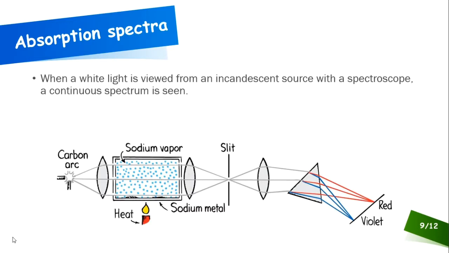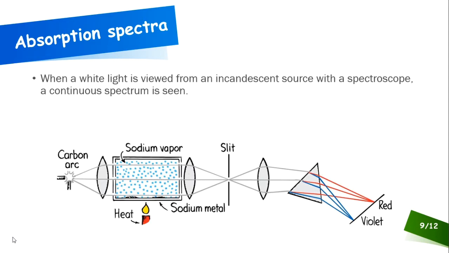Now, on the flip side to emission spectra is what we call absorption spectra. If we take white light from an incandescent source and view it with a spectroscope, we get a continuous spectrum. We set it up through the same sort of mechanism, but instead of burning or exciting the element that's producing the spectrum, we now take incandescent light and put it through a vaporized portion of the element.